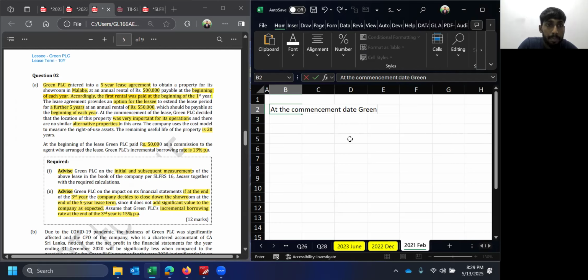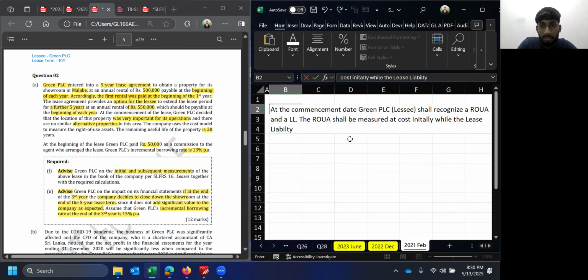At the commencement date, Green PLC as lessee shall recognize a right of use asset and a lease liability. The right of use asset shall be measured at cost initially, while the lease liability shall be measured at the present value of unpaid lease payments.